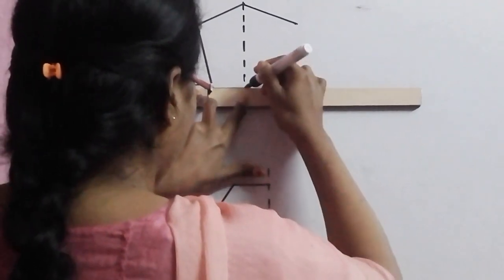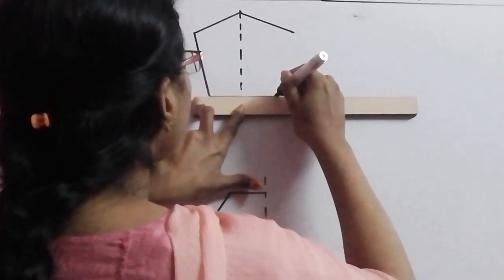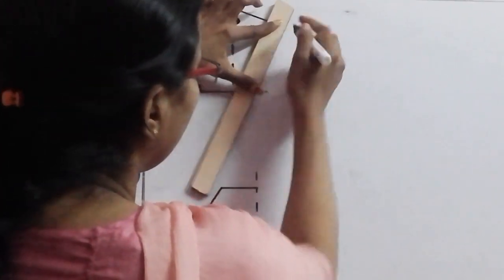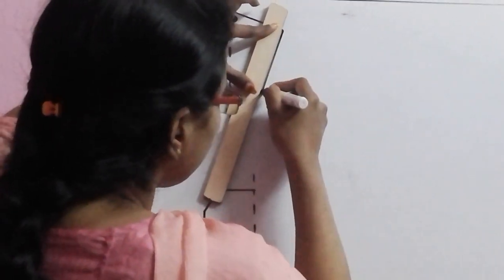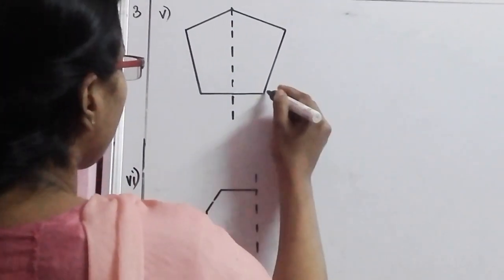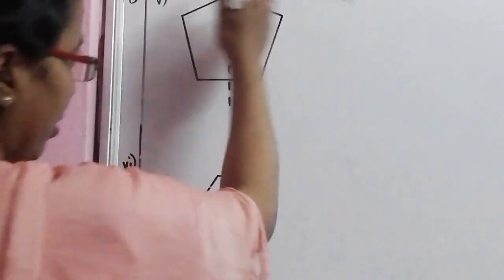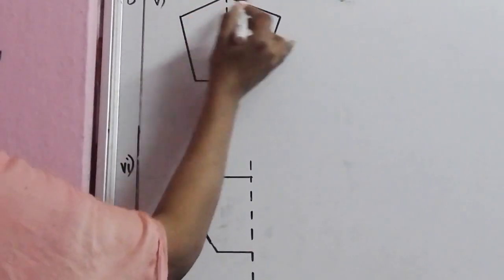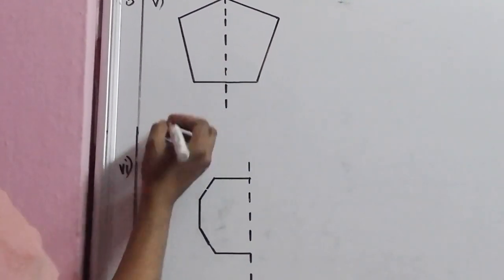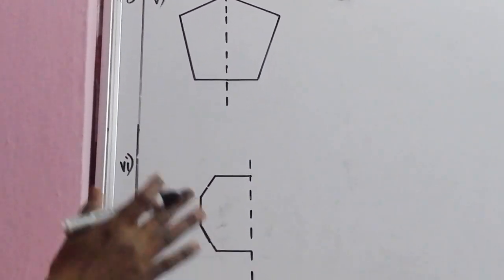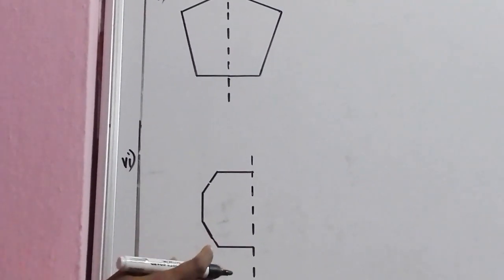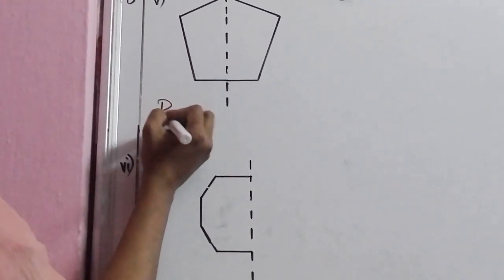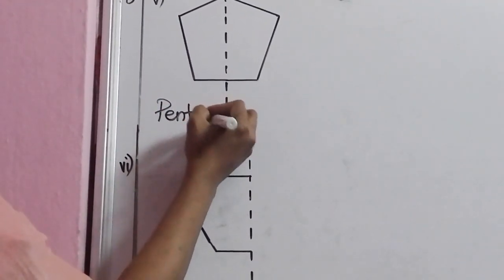And this part I am drawing the same length. Okay. So this is a complete picture. Now count how many sides are there. 1, 2, 3, 4 and 5. A 5-sided polygon is called a pentagon. So write it as a pentagon.